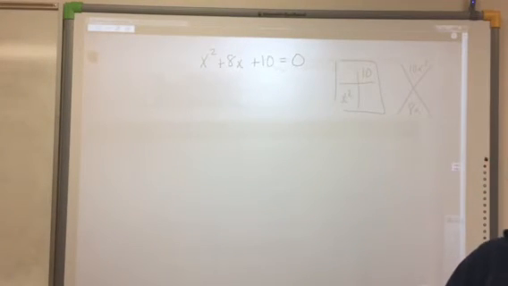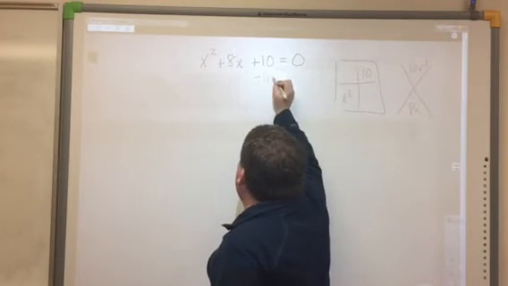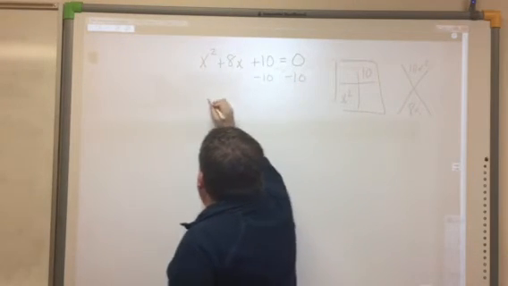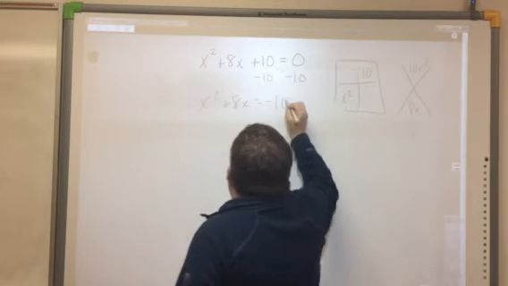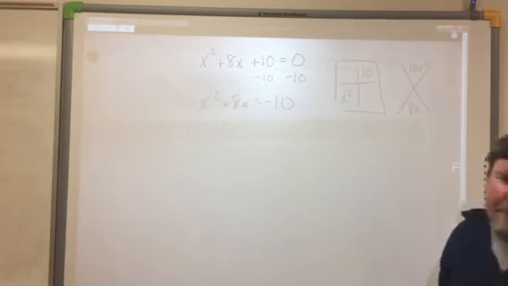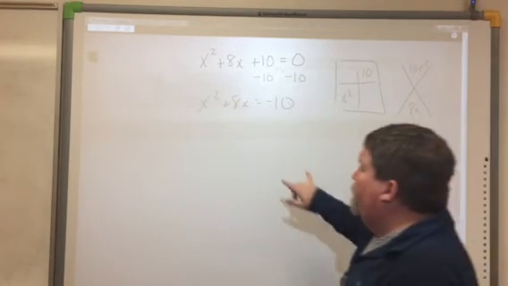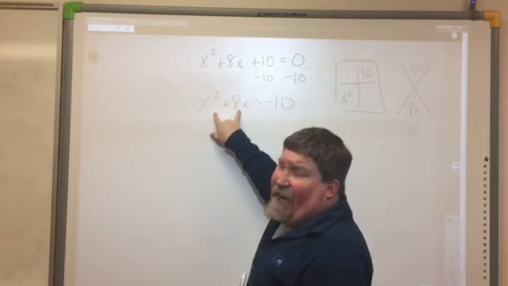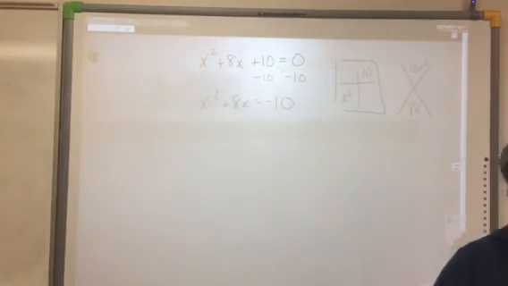What we're going to do is subtract 10 from both sides since it's not factorable. x squared plus 8x equals -10. Now the main point of completing the square is to get this side being the same thing in the parentheses squared.